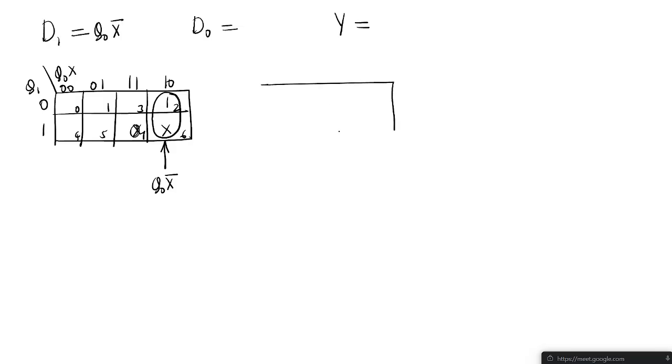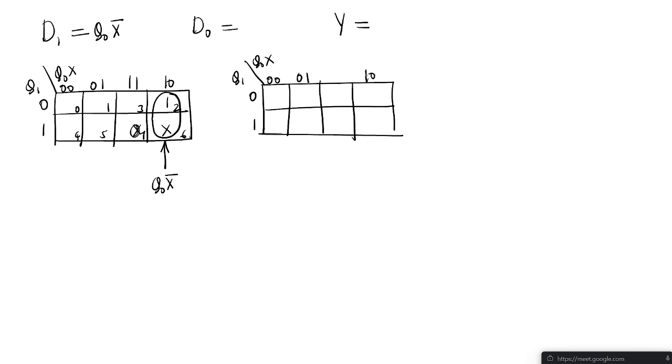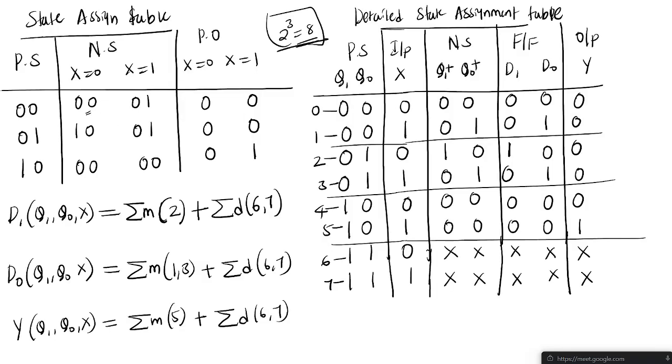Next, D naught. Q1 Q naught X: 0 1 0 0 0 1 1 0 1 1 0 1, then 2 3, next 4 5 6 7. What are the minterms? 1, 3, 6, 7.